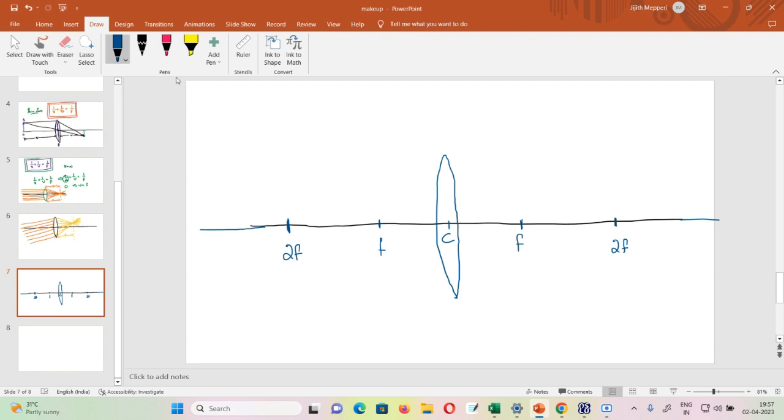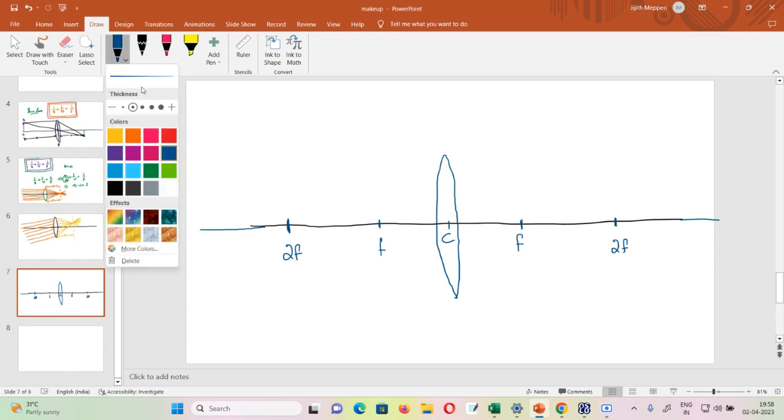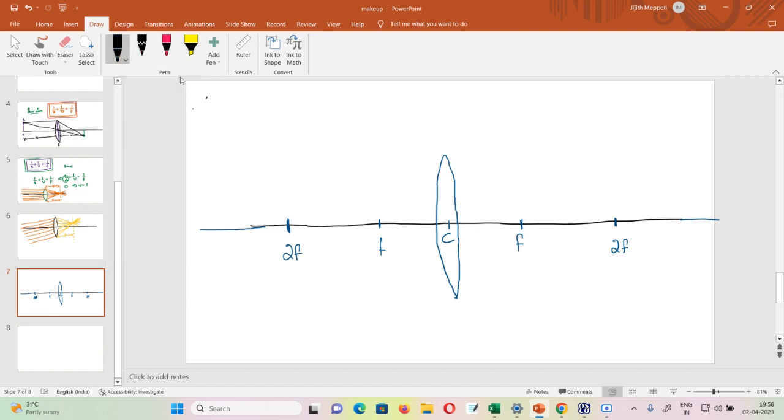First we will see where we can keep the object and where we will get the image. The first condition is that we put our object at infinity, as we told already. So in that case, u is equal to infinity.